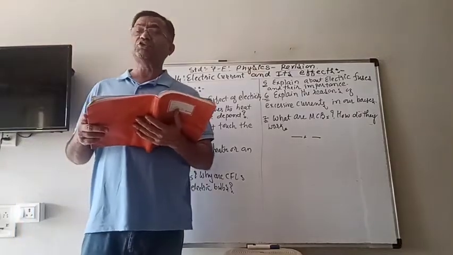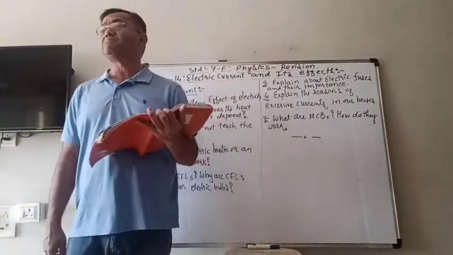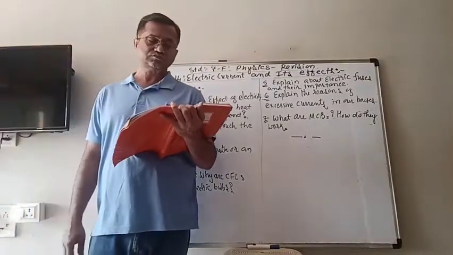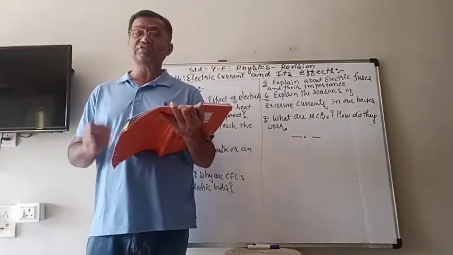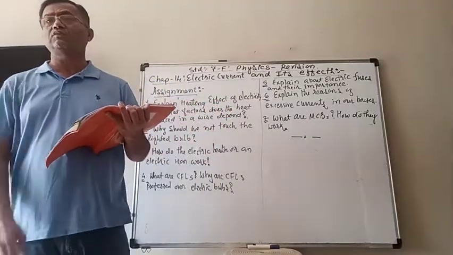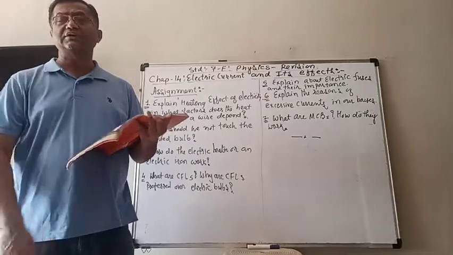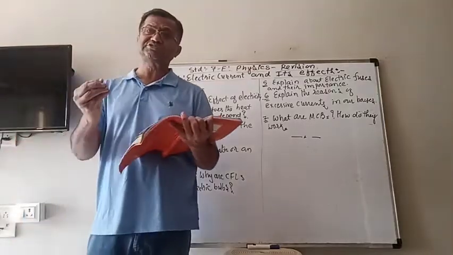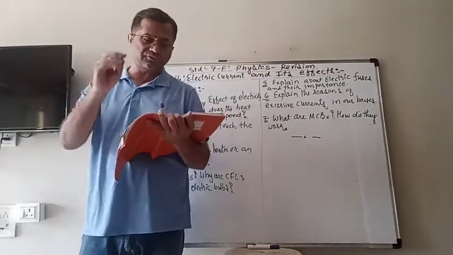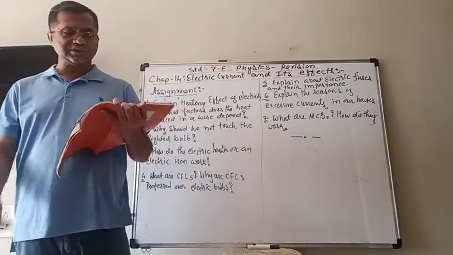So it is known as MCB, miniature circuit breaker. As I told you, they automatically turn off when high voltage power is flowing or some short circuits are there.